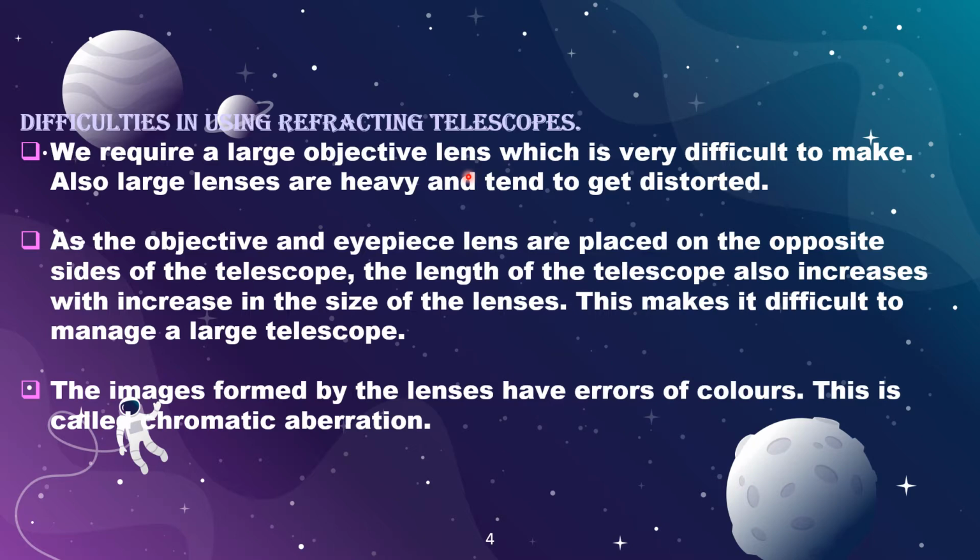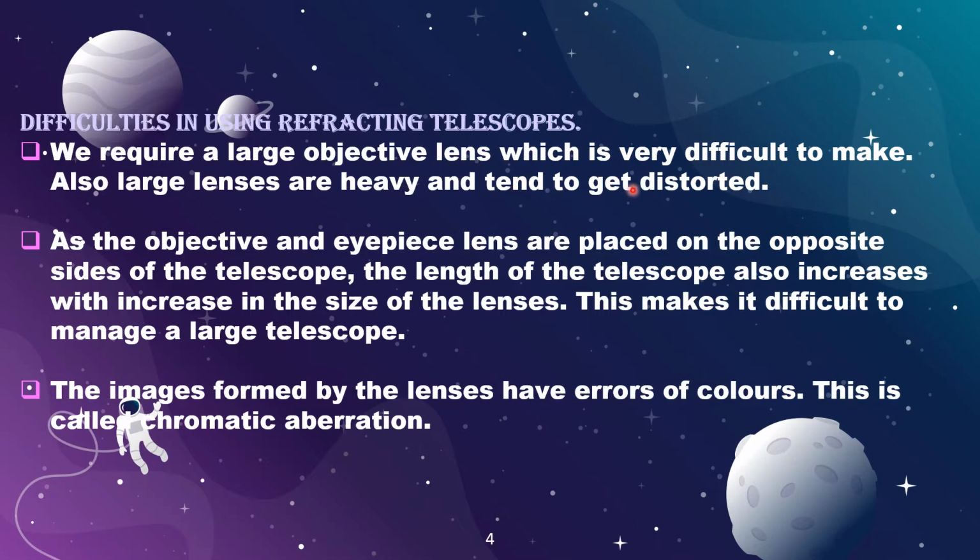Also, large lenses are very heavy and tend to get distorted under their own weight. Because of this, the quality and clarity of the images is completely affected. So the first difficulty is that we require a large objective lens, which is very difficult to make, and such large lenses are very heavy and tend to get distorted.